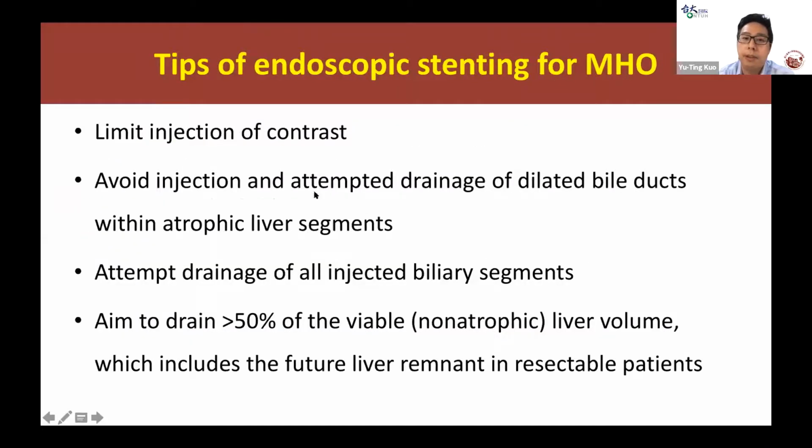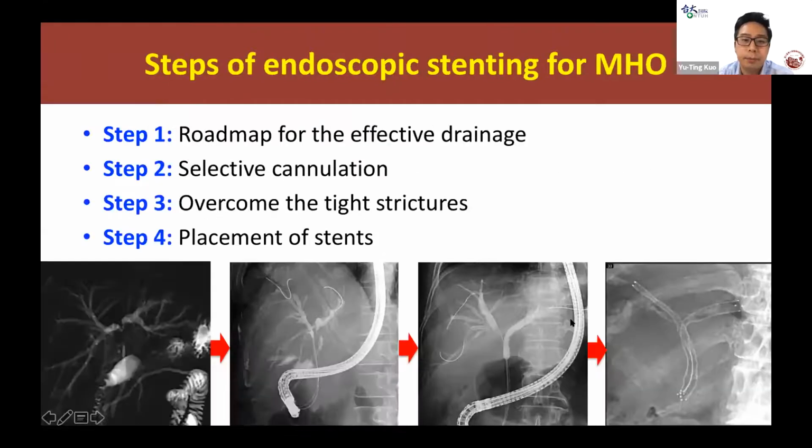Another important point is to avoid injecting into atrophic liver segments, because this kind of segment does not need drainage, as it is not effective clinically. And the last point, try your best to drain at least 50% of the liver volume.